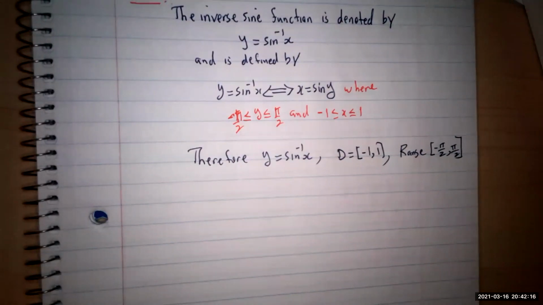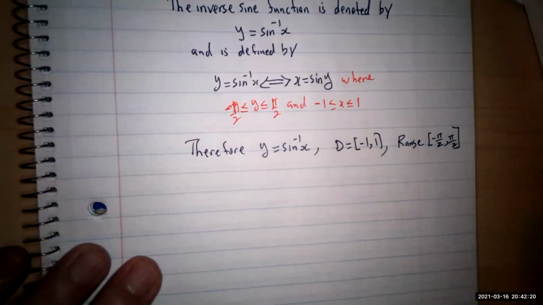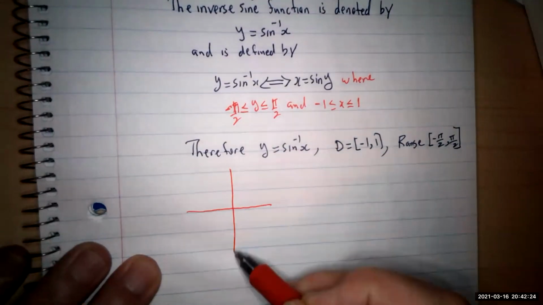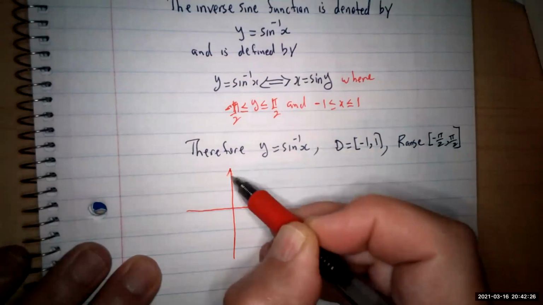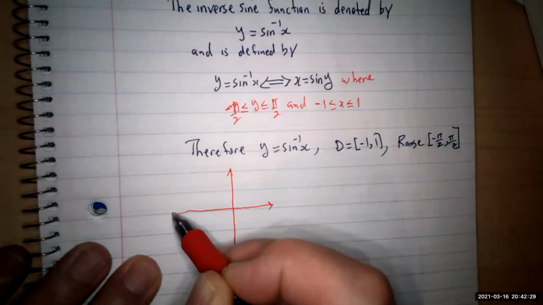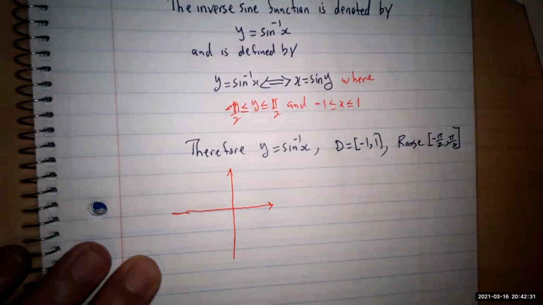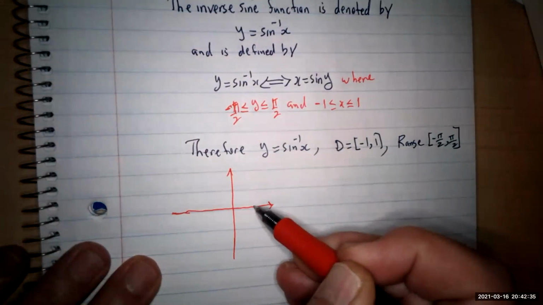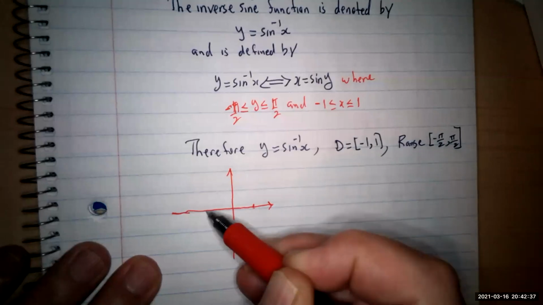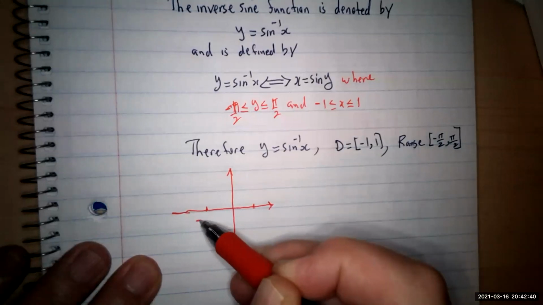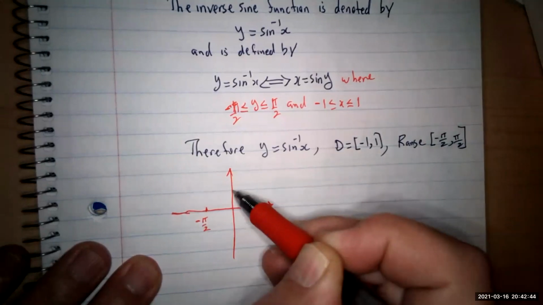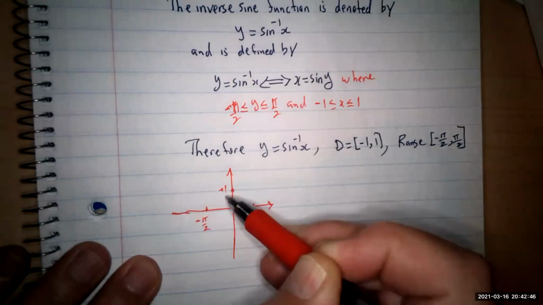If you want to see the graph of this function, first we have the original one that we did have. Remember, the original one? This is the pi. That was -pi/2, and that was pi/2, and we put the +1 on the top.